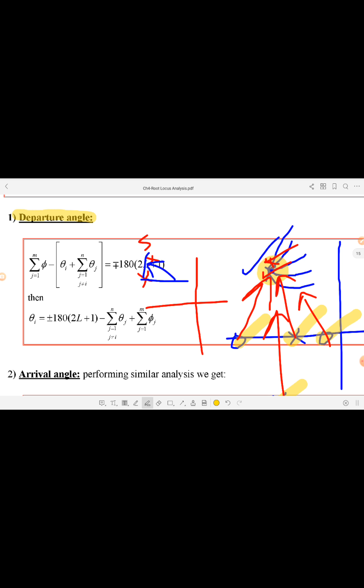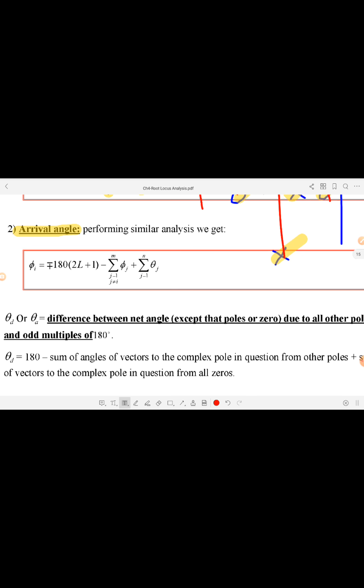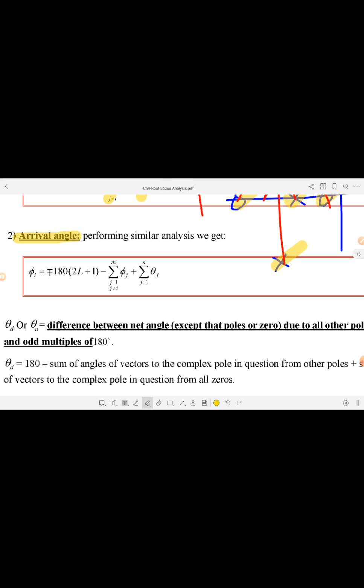Regarding the angle of departure, this means that theta D will be calculated as an odd multiple of 180 minus the summation of all angles from all other poles plus the summation of all angles from all other zeros, while the arrival angle will be calculated in a similar manner.